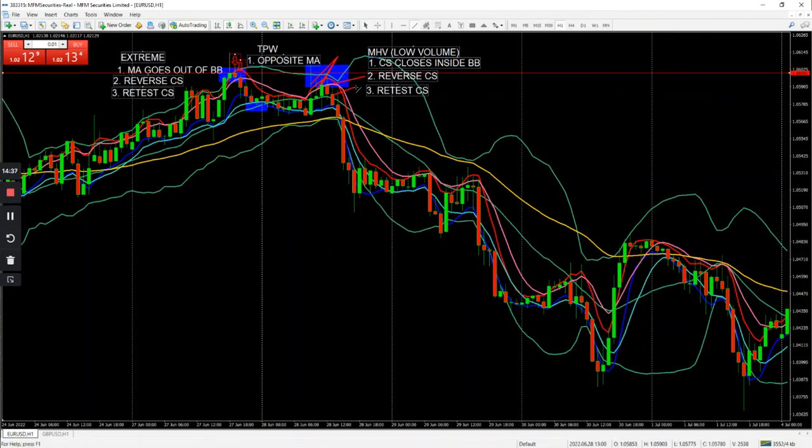This is the retest candle. Similar to extreme, it is testing the highest volume of where it stops, or the reverse candle, and the MA high where you want to put your entry, this retest candle.